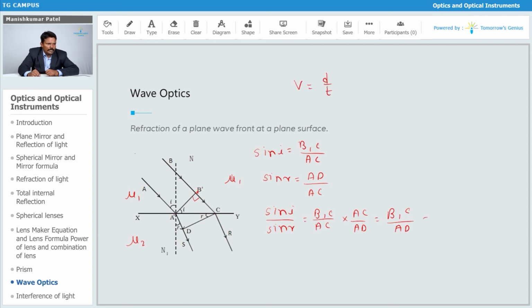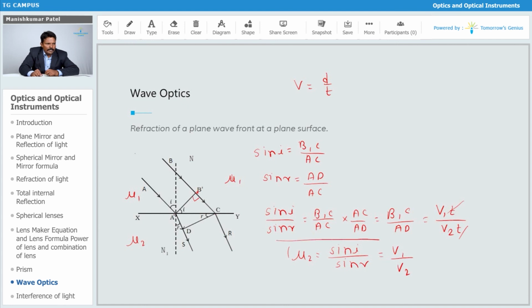So B1C is V1 into T, and in the other medium AD is V2 into T. The T gets cancelled. So sine I upon sine R, which is mu 2 1, is equal to V1 upon V2.